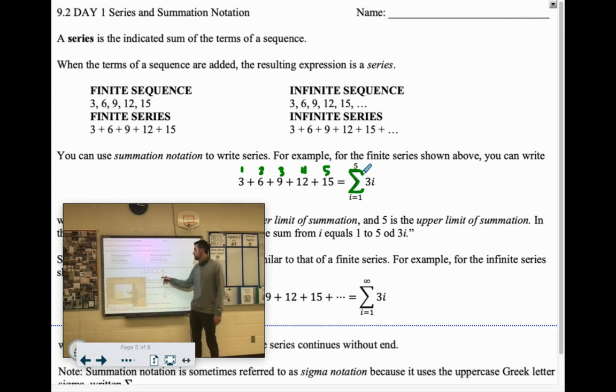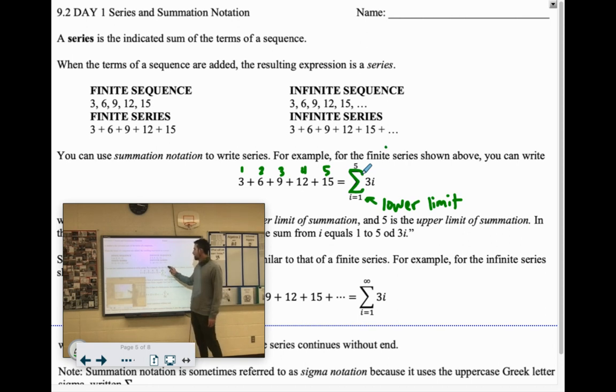So that's what it represents down there. Now you could write k equals 1. You could write n equals 1 like we did with the sequences before. That's fine. So this is like your starting place or your lower limit, or lowest amount, whatever you want to call it.